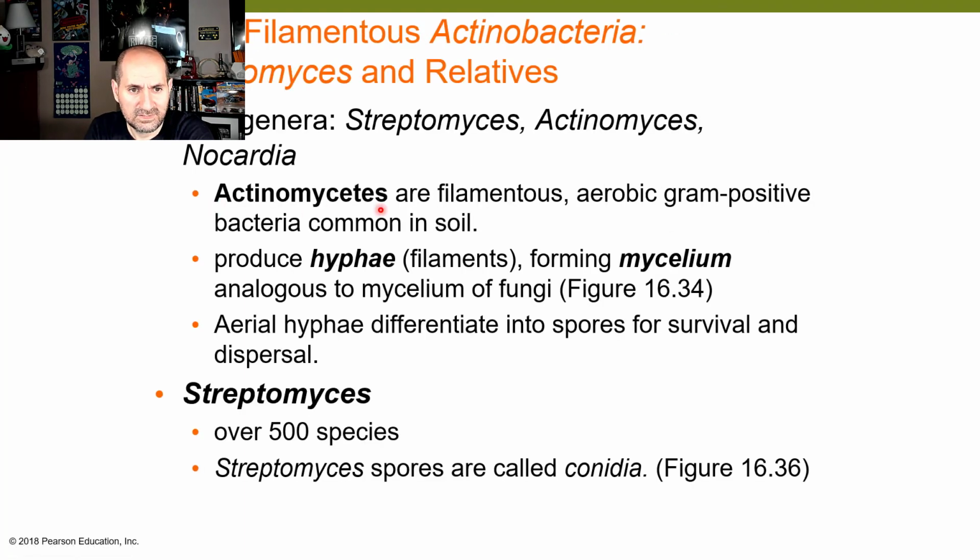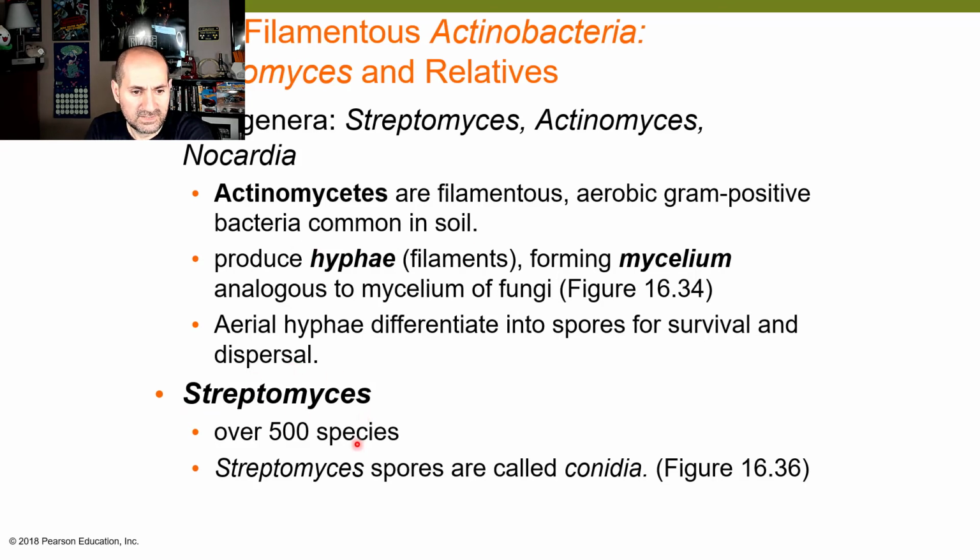These are really neat. These are hyphal cells, which means filamentous cells, forming a mycelium, a grouping of hyphae that form the fuzzy mycelium surface. And you should know that these are commonly found in soil.